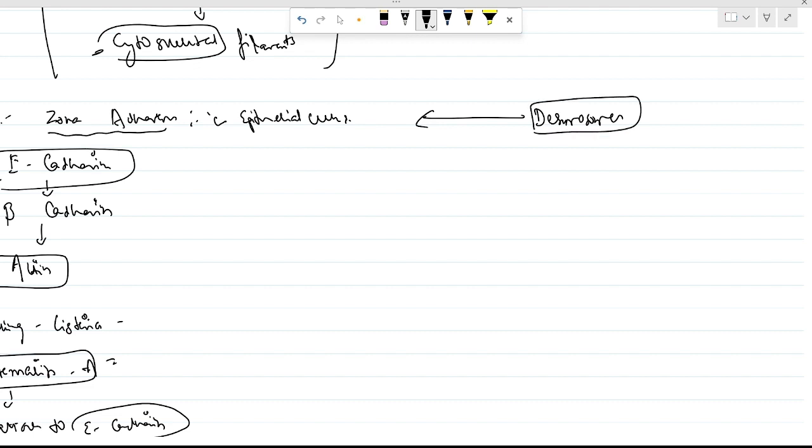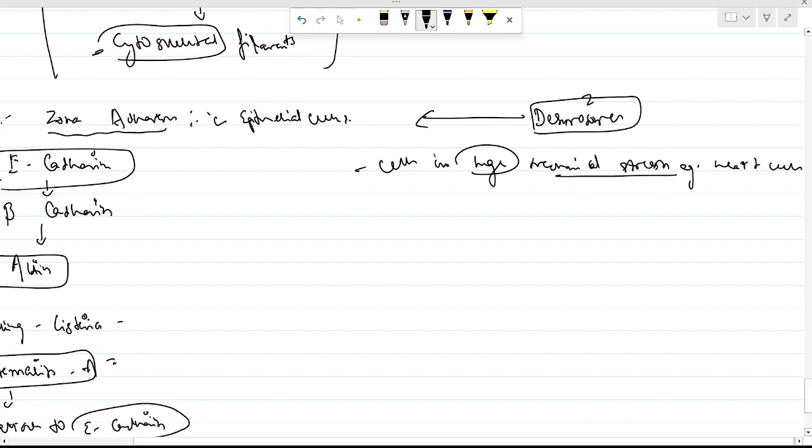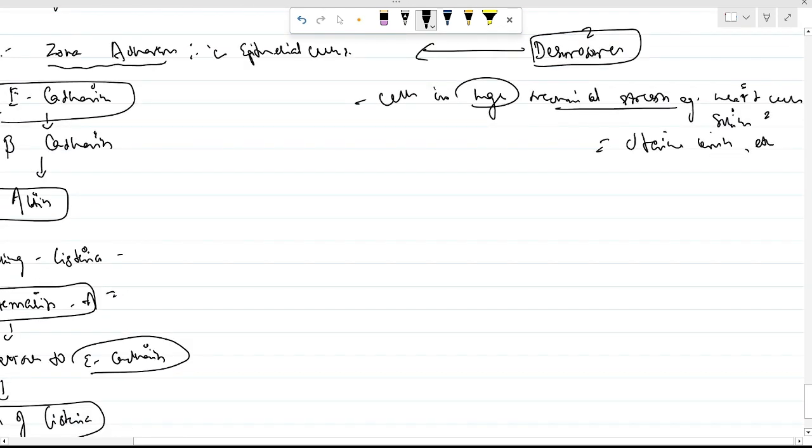These desmosomes are present in cells under huge mechanical stress, for example heart cells, skin cells, uterine cervix cells, etc. These cells present a special form of zonula adherens called desmosomes.